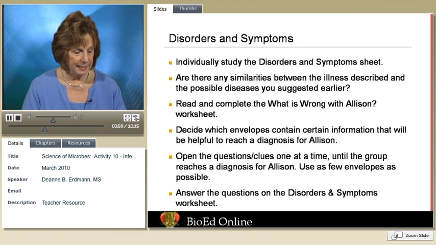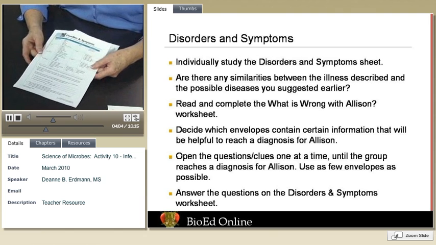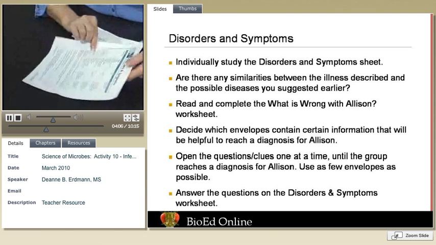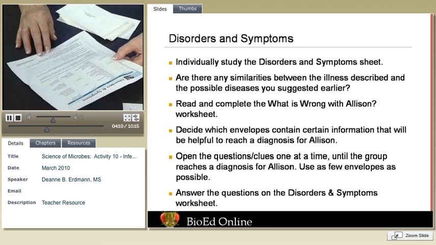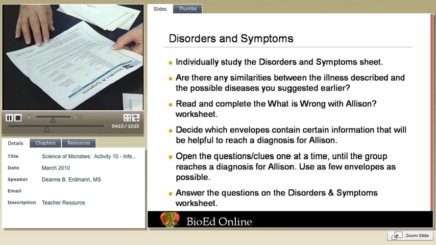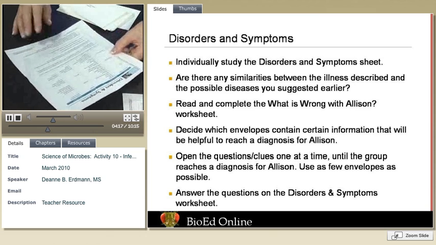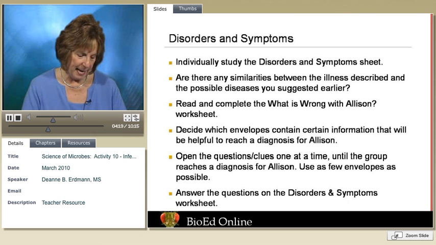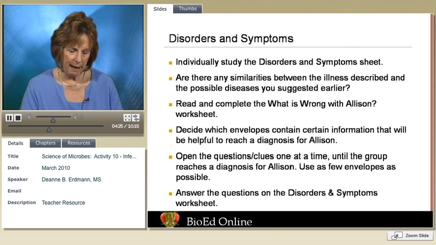Next, you give them the disorders and symptoms sheet and have them study it. They're looking at the diseases common cold, the flu, strep throat, and nasal allergies. So they look at the symptoms, the causes, the treatments, and their questions that they previously thought about, and now have them look at the envelopes.